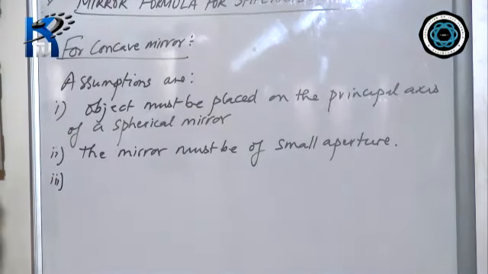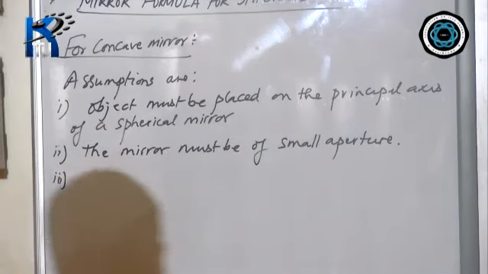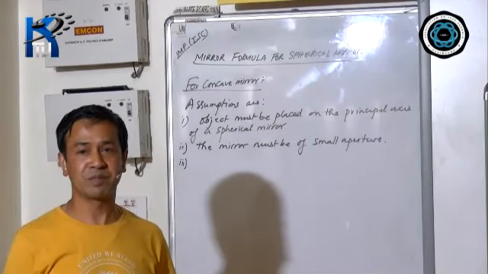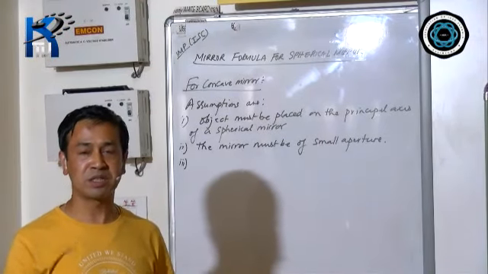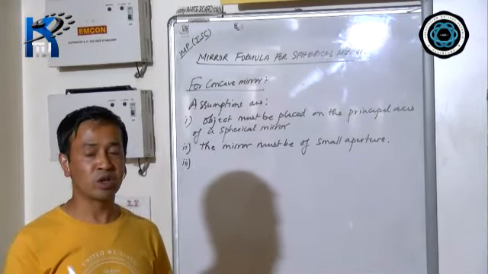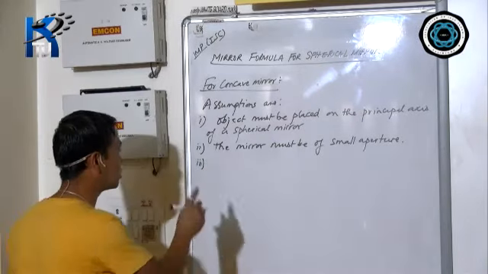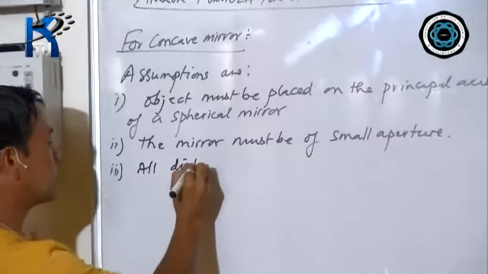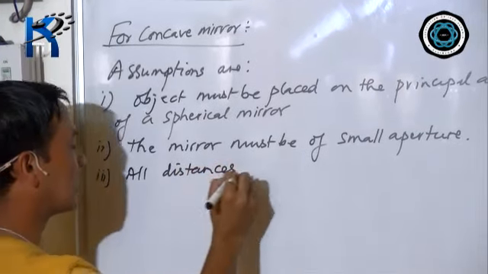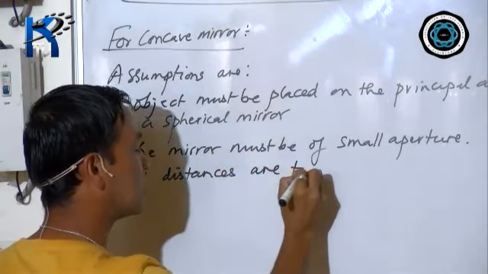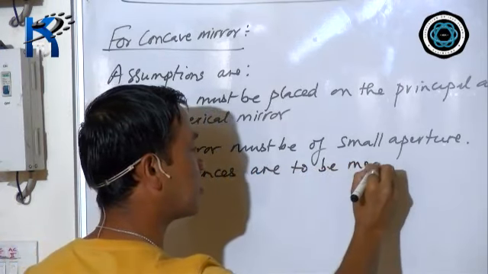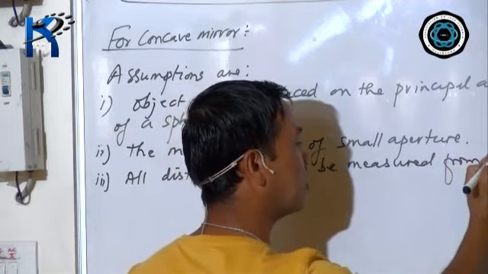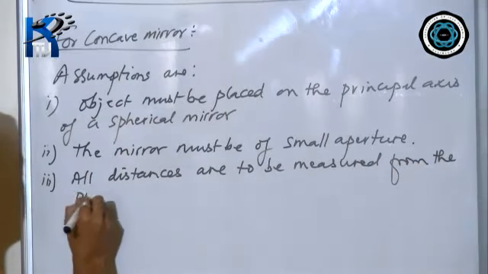Now we go to the third assumption. Whatever distances we measure, like object distance, image distance, focal length or radius of curvature, all distances have to be measured from the pole. That means all distances are to be measured from the pole.